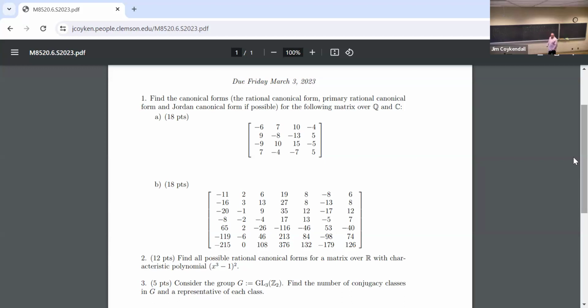These canonical forms will help you find the conjugacy classes, right? So how many rational canonical forms are there? And this will determine for me what the conjugacy class is.